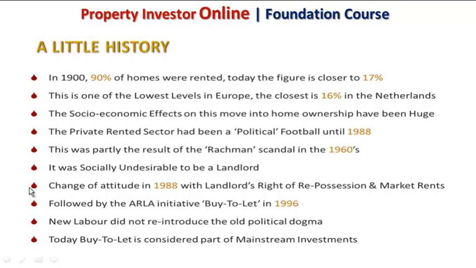properties with vacant possession. Also, prior to 1988, if a tenant didn't like the amount of rent that they were being charged, they could take it to a fair rent tribunal, and the rent tribunal would determine the amount of the rent, and it would remain fixed thereafter.